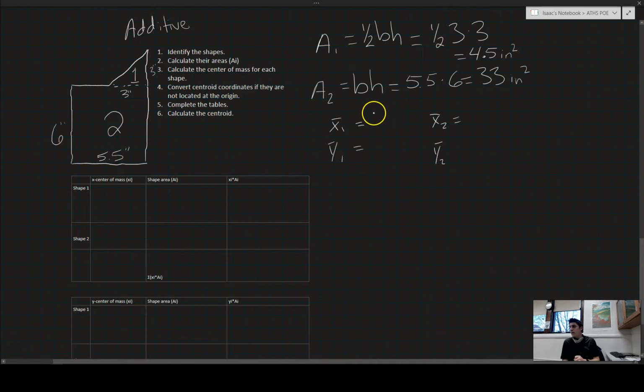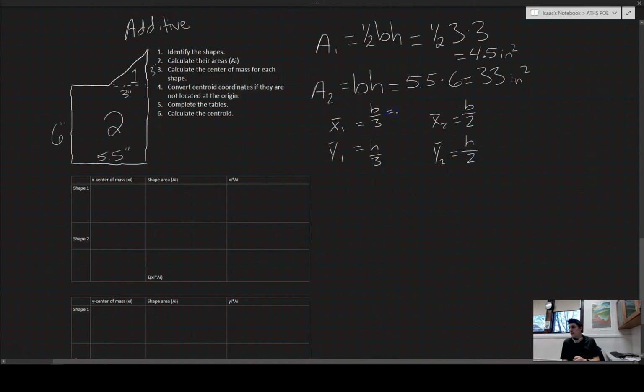For a triangle, to calculate the center of mass, we take the base divided by 3, and we take the height divided by 3. For a rectangle, the equation that we use is base divided by 2, and for the height, it's height divided by 2.